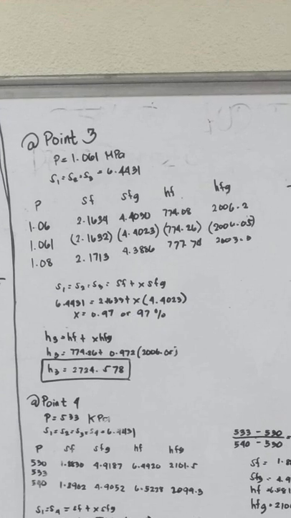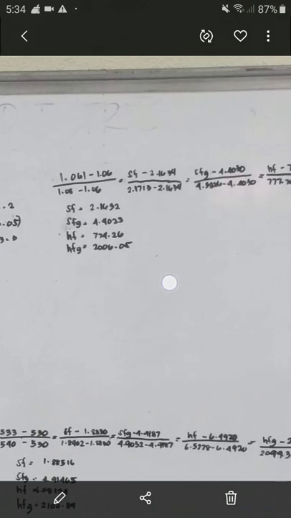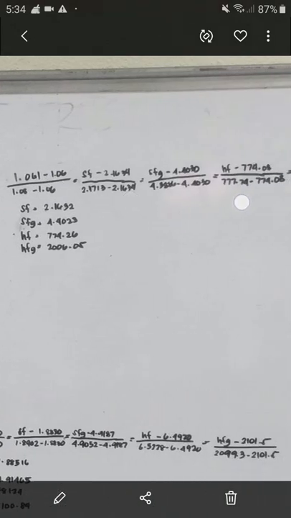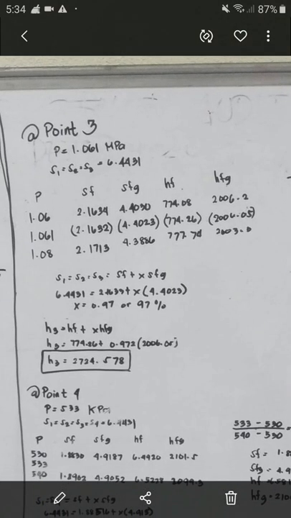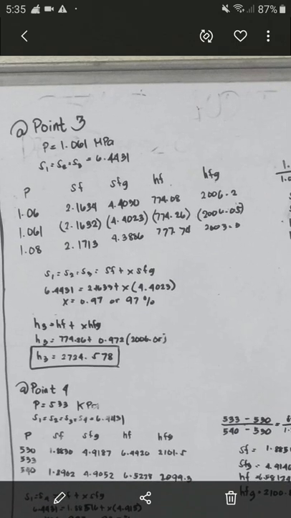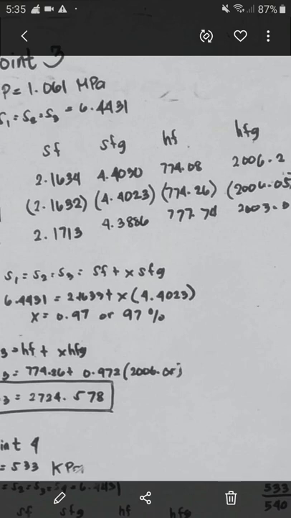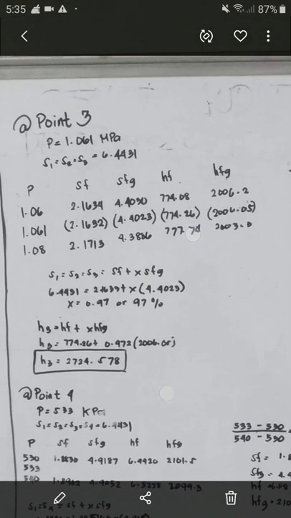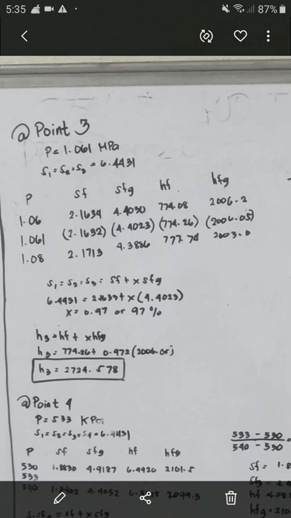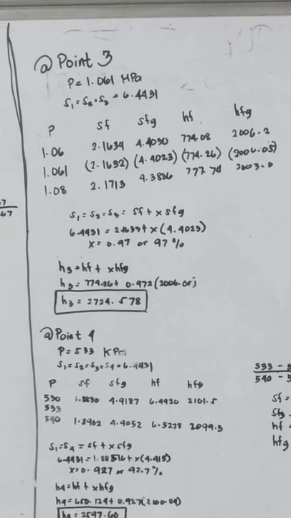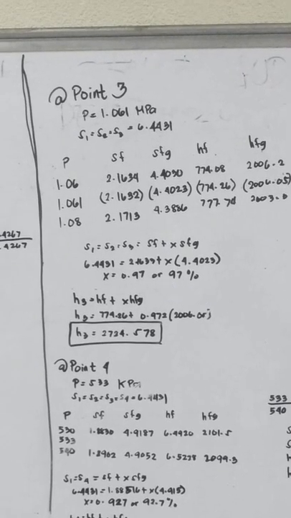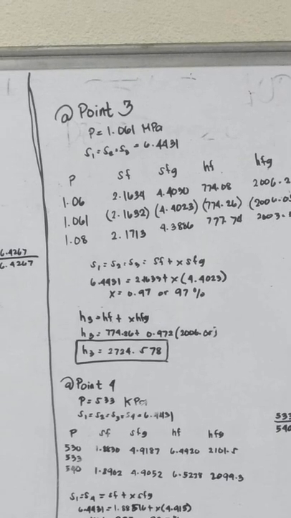Solving with the same process, 6.4431 equals 2.1632 plus x times SFG, which gives x equal to 0.97.